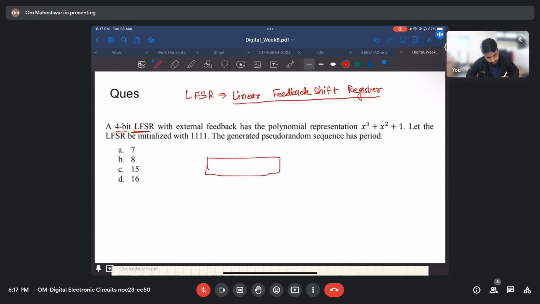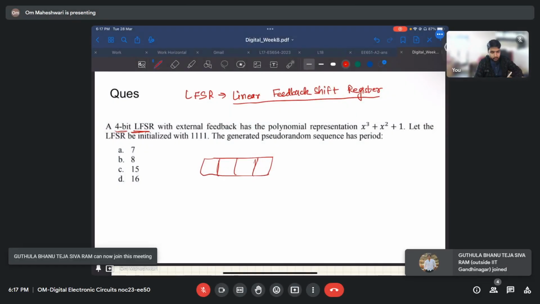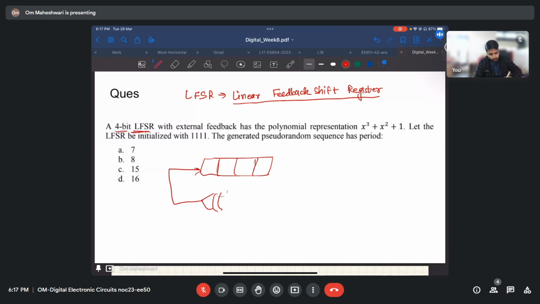So we will have 4 bits. 1, 2, 3, 4. It is a register of 4 bits. And we always have an XOR gate which feeds into the input, and it can be connected to the output of any of these flip-flops, right?